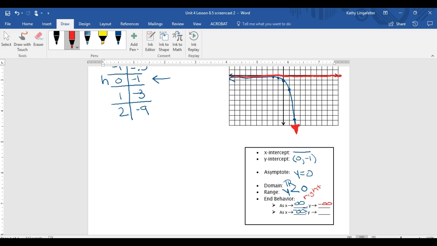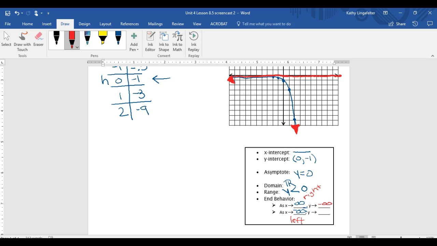Now, when we're looking at x traveling off to negative infinity, we're going to look at the left-hand side of the graph. So on the left-hand side, where is this headed? Well, it's not headed up or down. It's almost horizontal, and it's hugging the bottom of that asymptote. So that asymptote occurs at y equals 0.